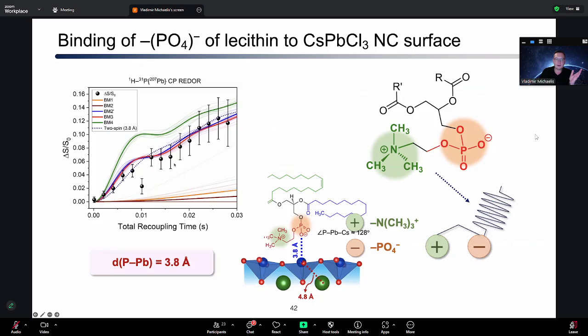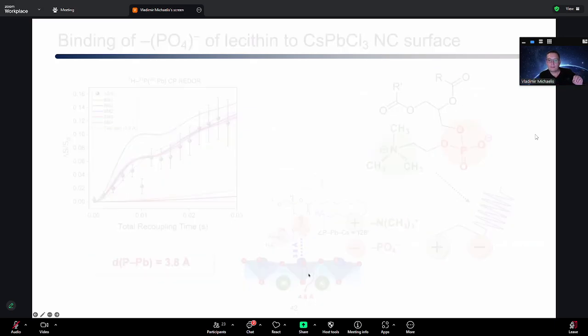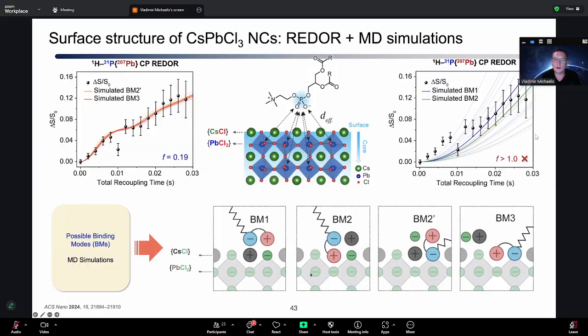But if we have this 3.8 angstrom distance, what this would suggest if you try to triangulate this is that the lead actually removes the chlorine, and you have this new covalent bond with oxygen. And if you measure a lead-oxygen-phosphorus distance, you're on the order of about 3.5 to 4 angstroms. So what this is indicative of is that the cation is moving the cesium out. The anion is replacing chlorine and binding to lead. Okay, so we're trying to build the structural model here.